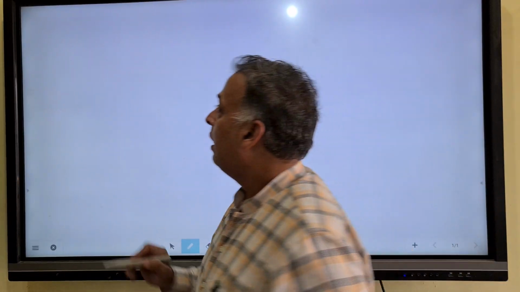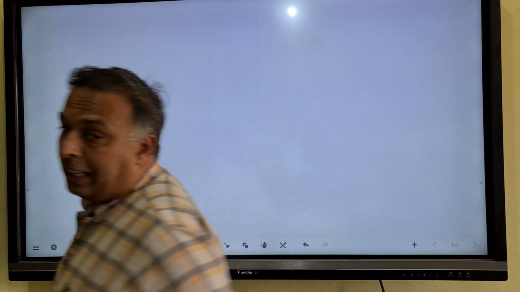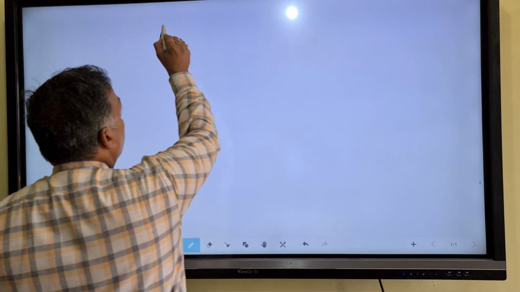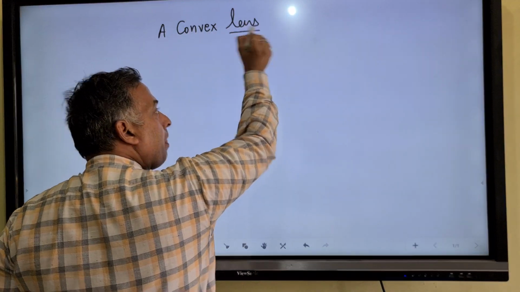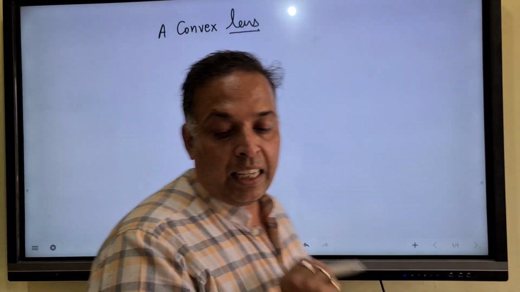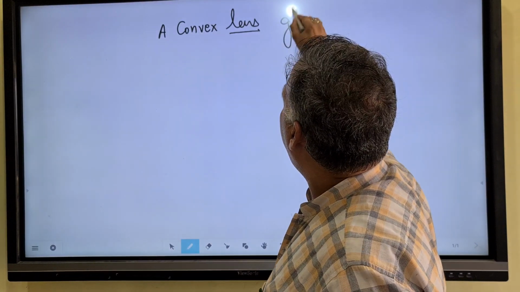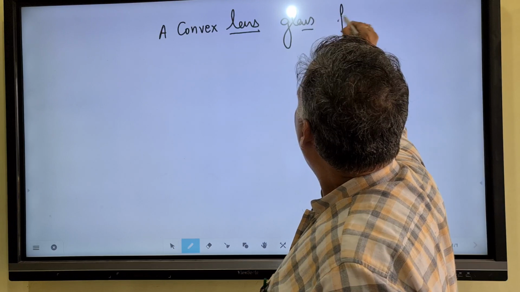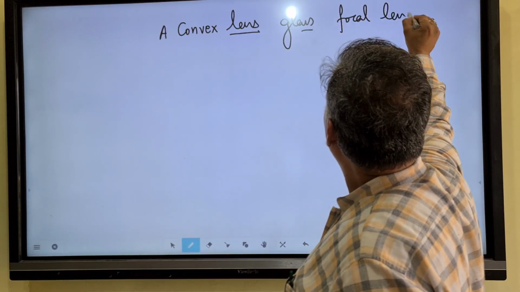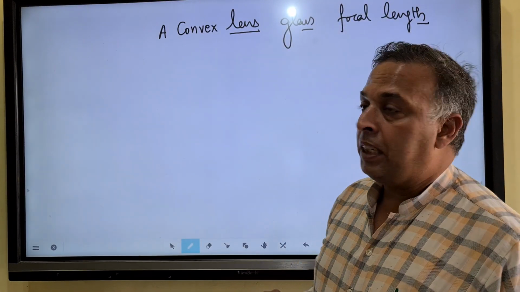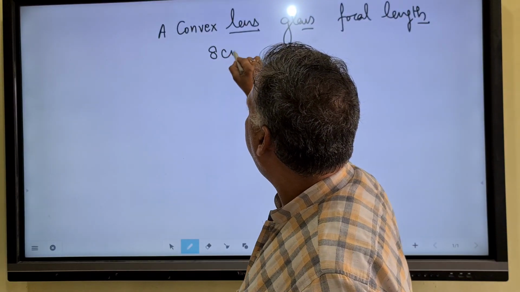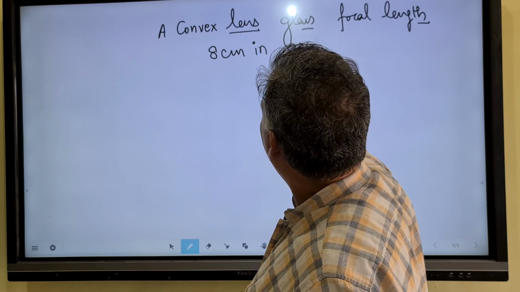Another question is there. A convex lens is made of glass, with a focal length of 8 centimeter in air.